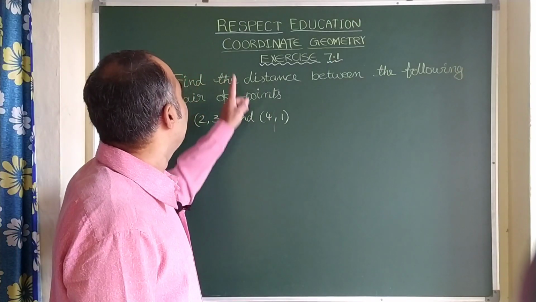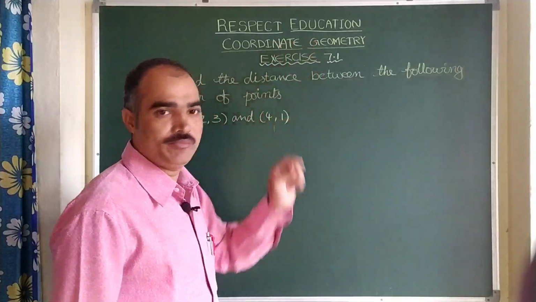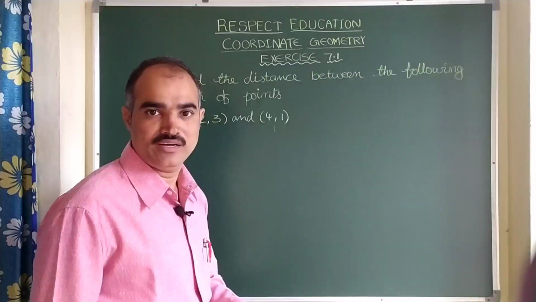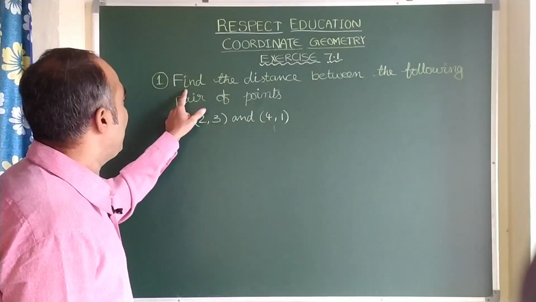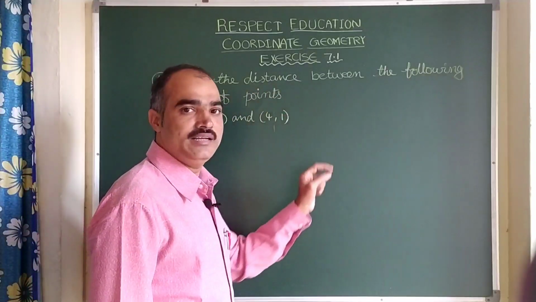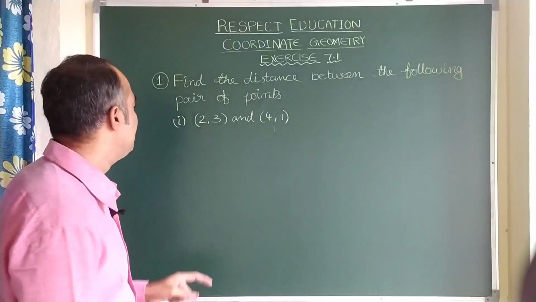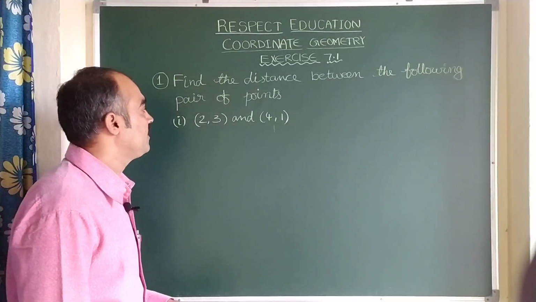Today we see chapter 7, that is coordinate geometry, exercise 7.1, question number 1. Find the distance between the following pair of points. The first one is 2, 3 and 4, 1.